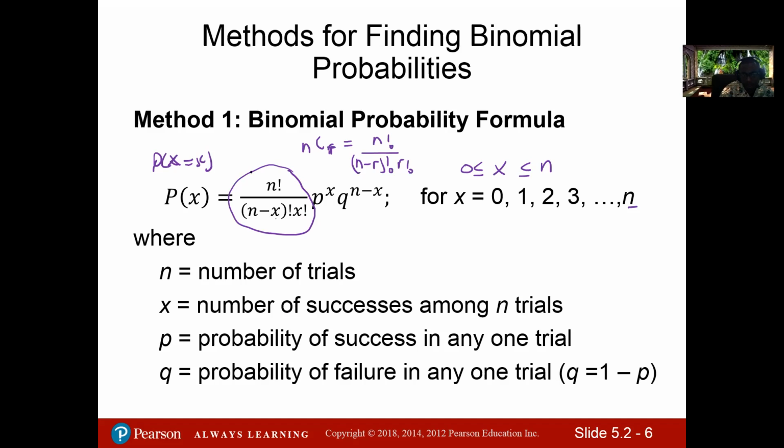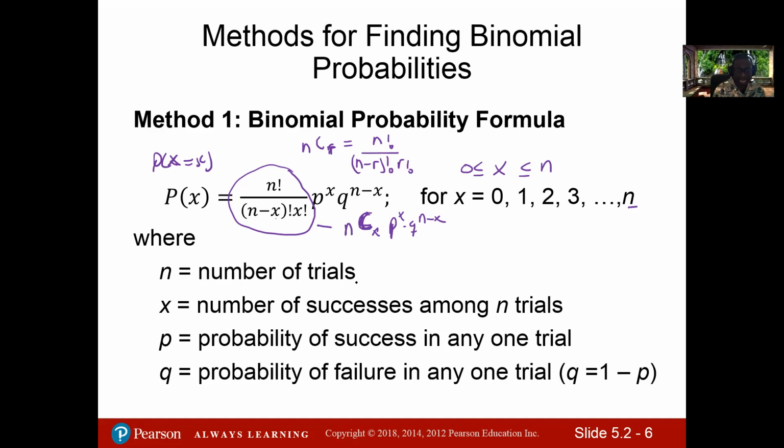And so that expression, n factorial over n minus x factorial times x factorial, can be replaced by n combination x. And then we have the probability of success raised to x times the probability of failure raised to n minus x. This is a combination because the order of selection doesn't matter. That's why it's like that.